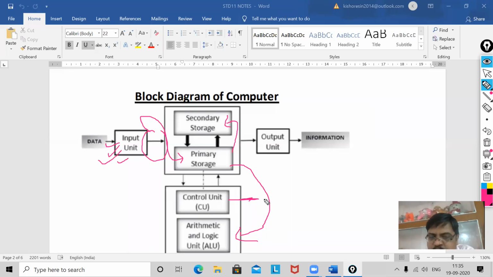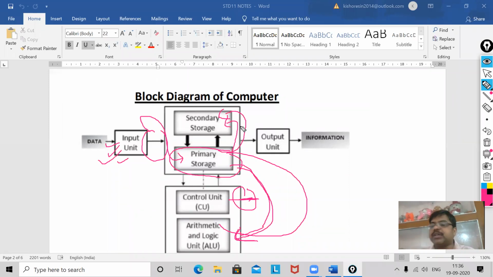So via this unit, the data will be transferred to the ALU. ALU will process it, and then the ALU will again send this data to the primary storage via the control unit. And once the data is processed, this data will be stored in the hard disk.